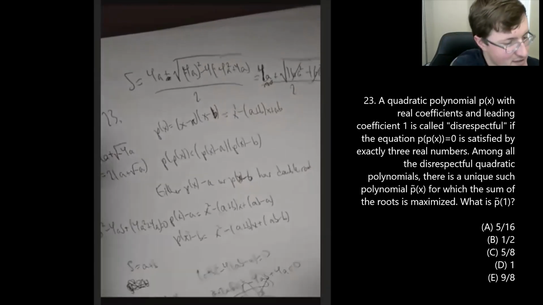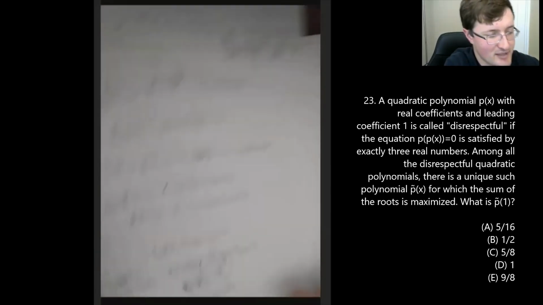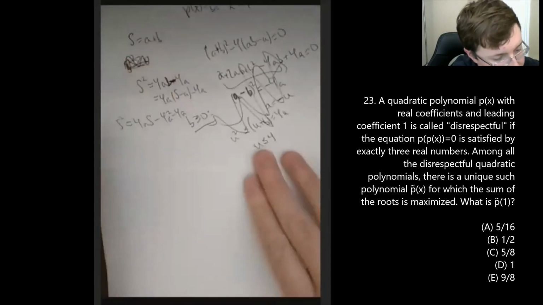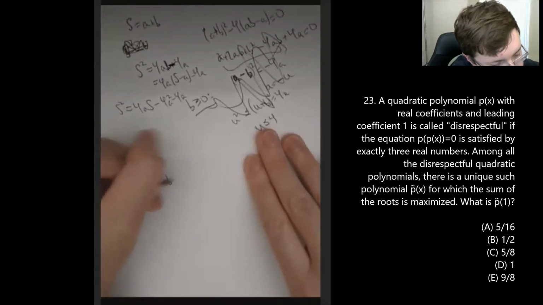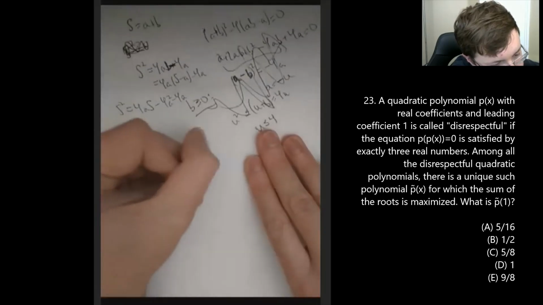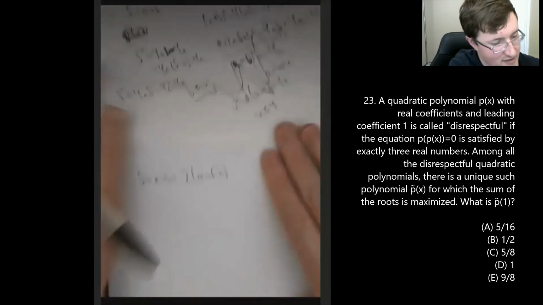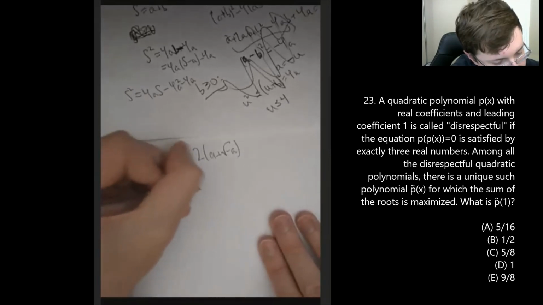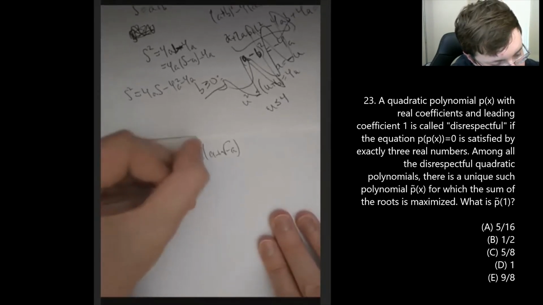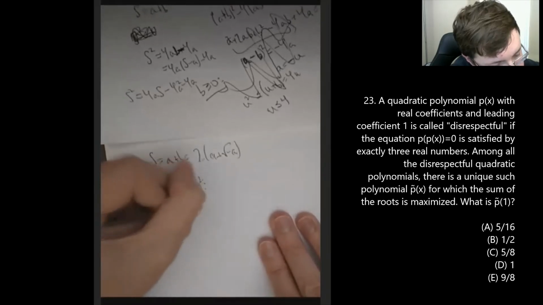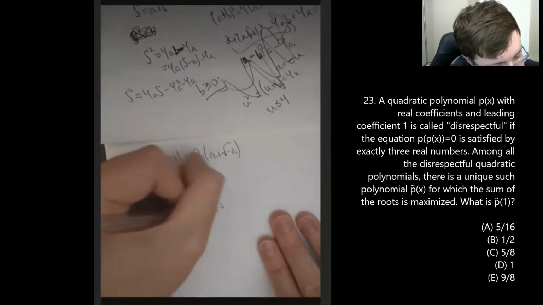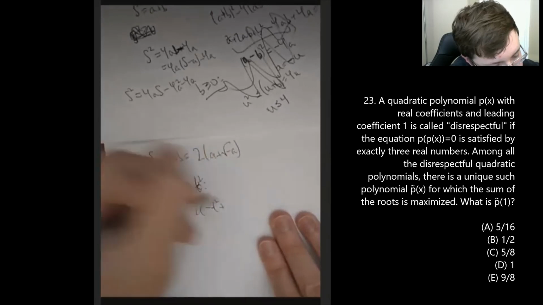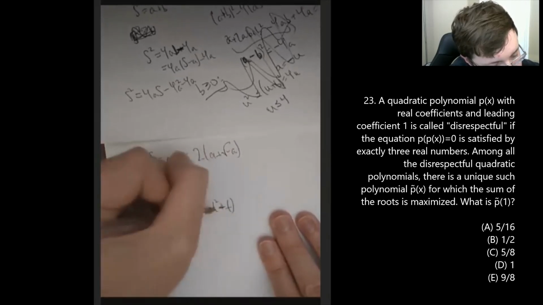Yeah. Okay. So I think I need a new page. So s, remember, was a plus b, but that's also 2 times (a plus root minus a). So if a is minus something squared, minus t squared, then s is 2 times (minus t squared plus root t squared), so that's t. Okay.